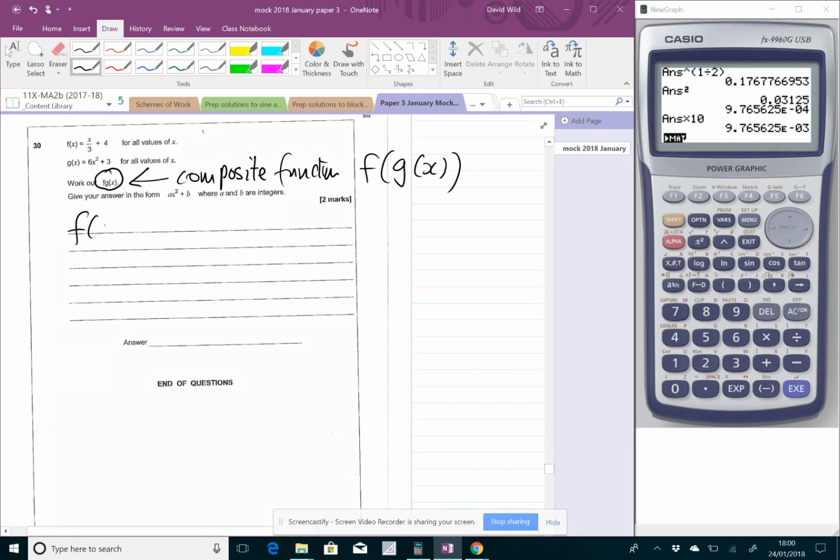So that's what we're trying to find. How do we do that? Well, we start off with the function in the middle and we replace that with what g of x actually is. Keep the f there, f of, and g of x, of course, is 6x squared plus 3.